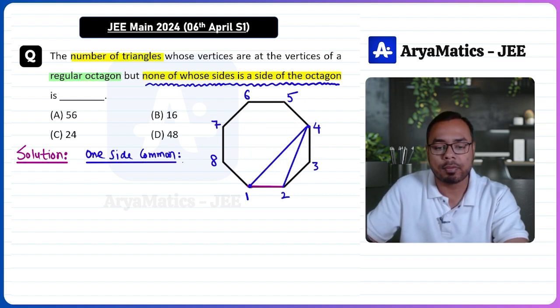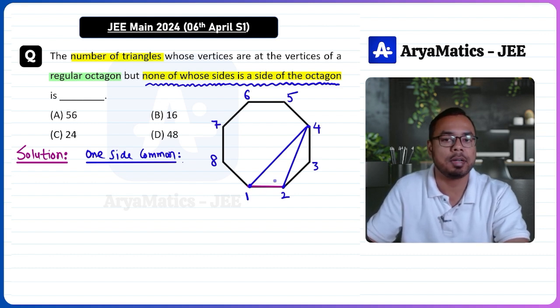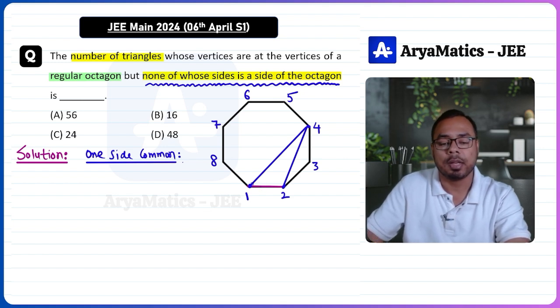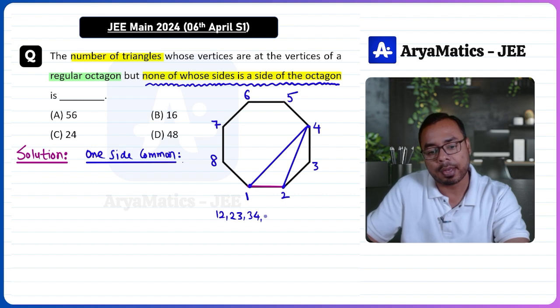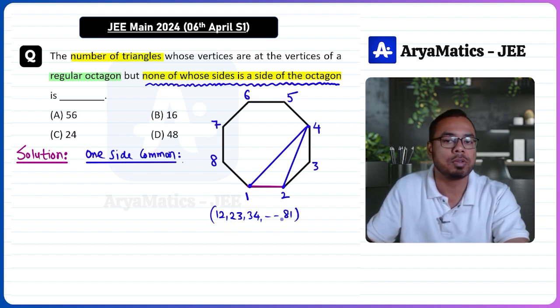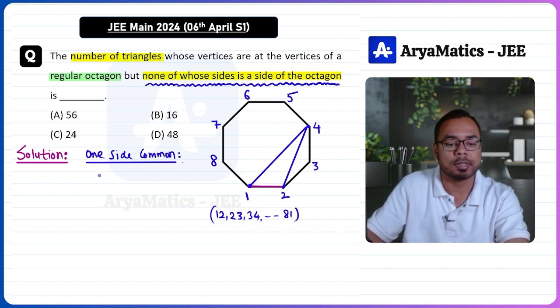So if I need the number of triangles having one side common, then we need to select two consecutive vertices, and the third vertex should not be consecutive, right? Now, in how many ways can we select two consecutive vertices? Either you can select 1, 2, or 2, 3, or 3, 4, and in this manner up to 8, 1. So these are the different ways in which you can select two consecutive vertices, right?